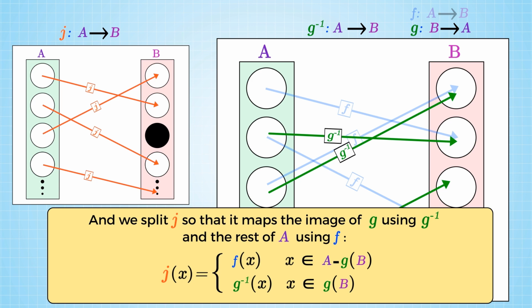And then we split J so that it maps the image of G using G inverse and the rest of A using F. So J(x) is equal to F(x) when x is in A minus G(B), and it's equal to G inverse of x when x is in G(B).